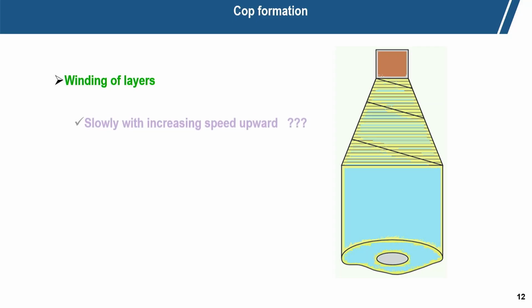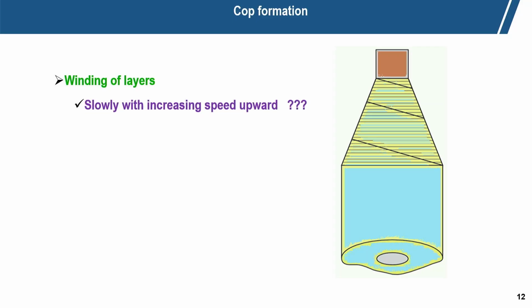And the winding layer is slow with increasing upward speed. Slow, because we need to store more material, so the number of coils per unit length should be high.